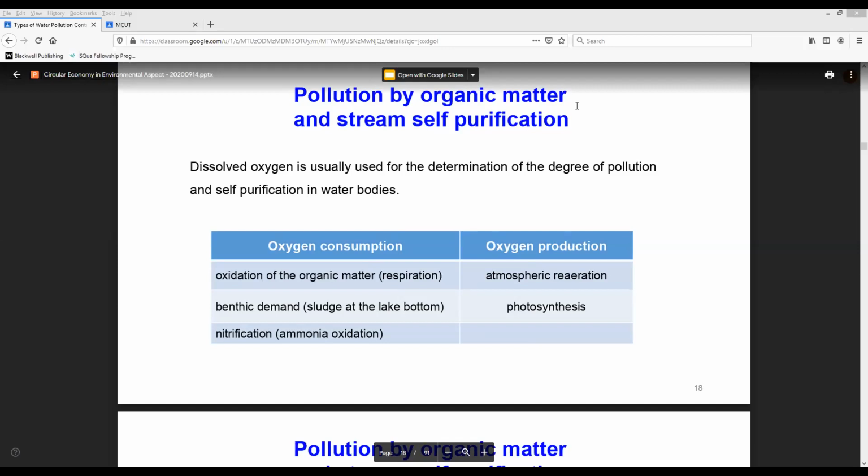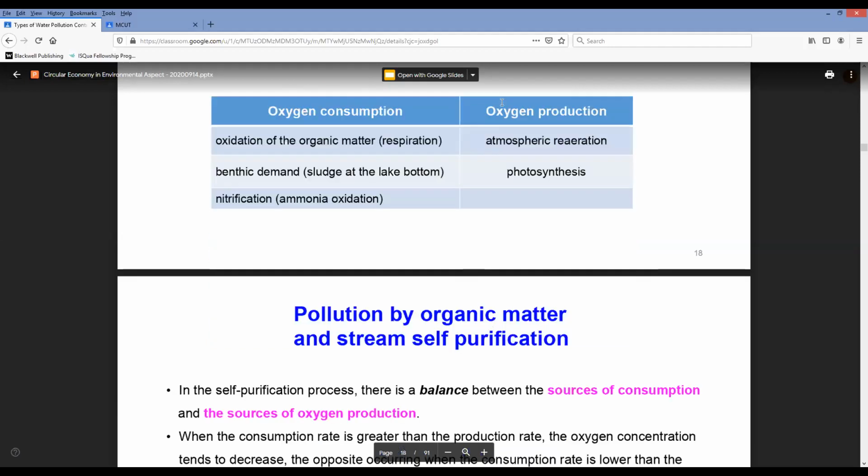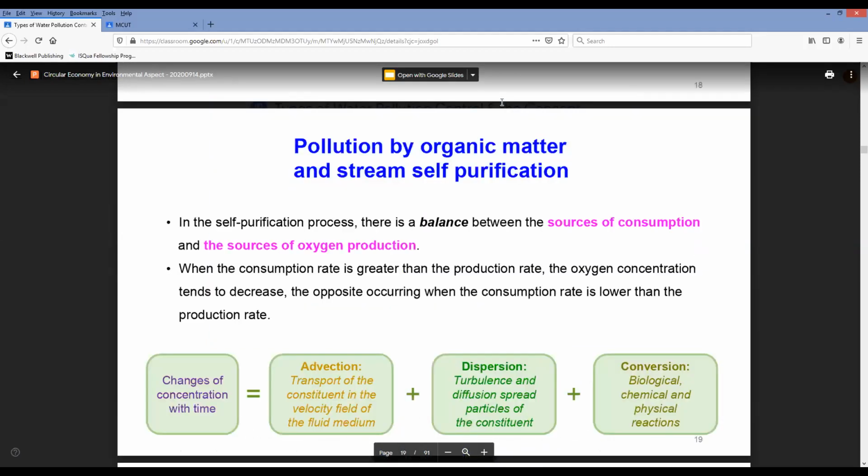The second part is called benthic demand, which means the sludge at the bottom. How is the oxygen produced? Usually through photosynthesis. The next one is nitrification, which is called ammonia oxidation. So these are the 3 oxygen consumption processes in the lake. Okay, next please.